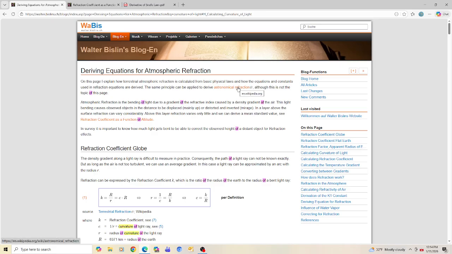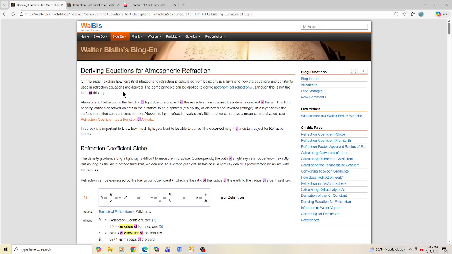The light for astronomical refraction is going to generate from a celestial body, a star, planet, the sun, that's coming from a medium which has a refractive index value of 1. And it's going to reach the surface where someone is going to observe it at a value of 1.0003.